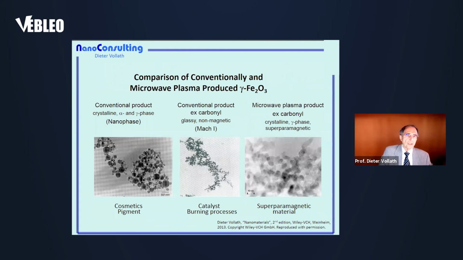What does the product look like? Showing this, it is possible to compare it with so-called conventional products. Here we have a very conventional product, iron oxide, made by a conventional gas phase process. Here we have a few large particles and many, many small ones.